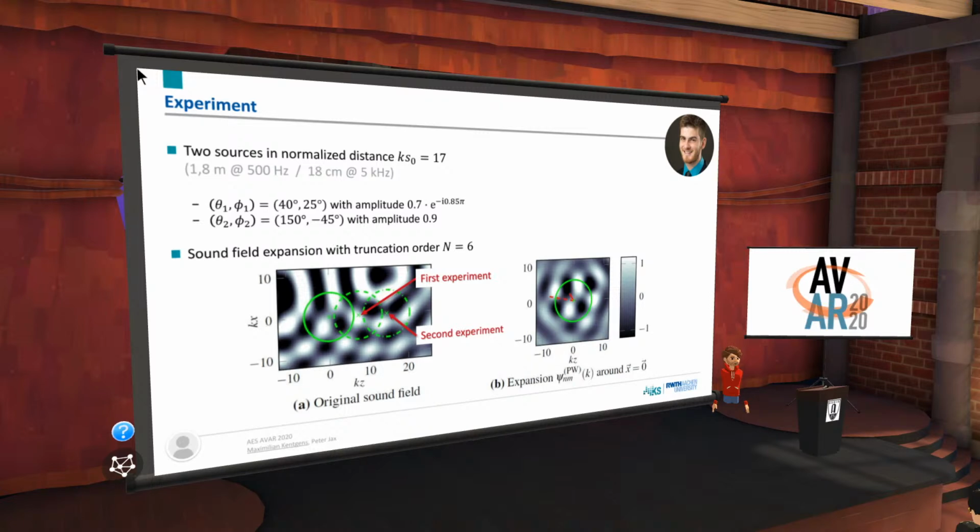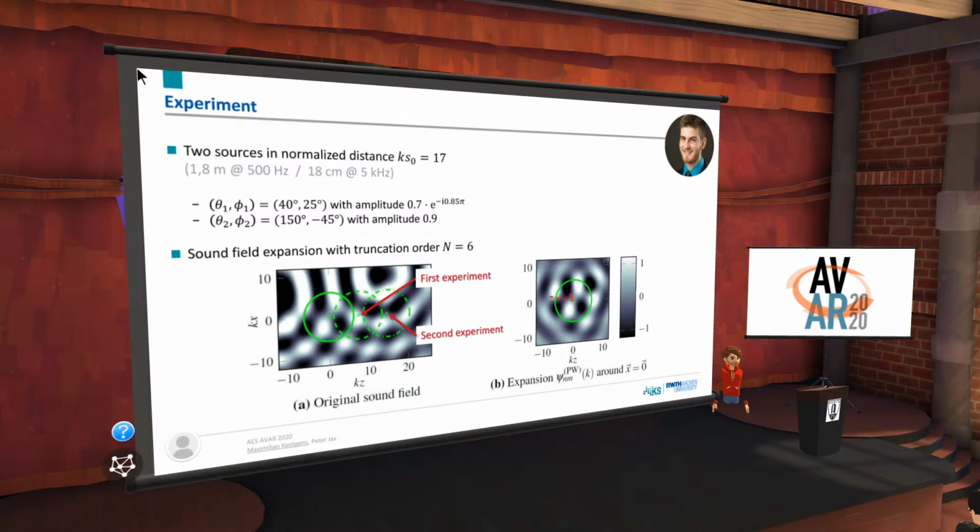And these sources generate the sound field that you see on the bottom left. But of course, our algorithm doesn't know the whole sound field, but only a spherical harmonics expansion to an order n equal to 6, which you see in figure B. And what you see in the green circles is almost identical, and outside there's a large error.